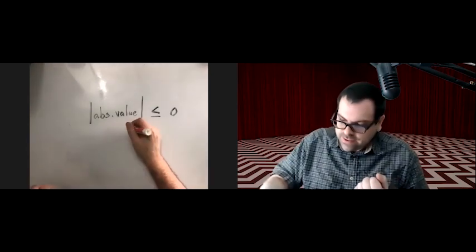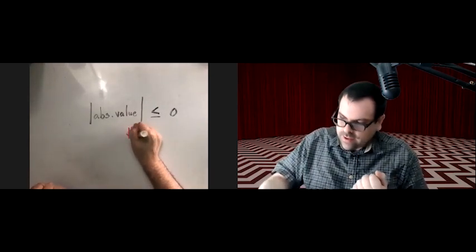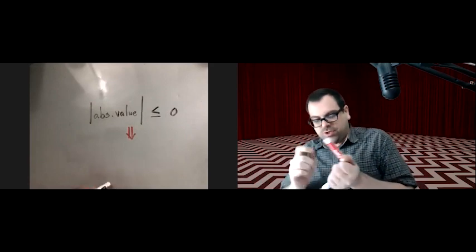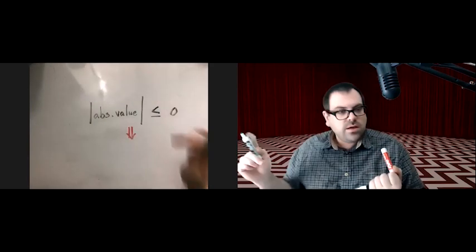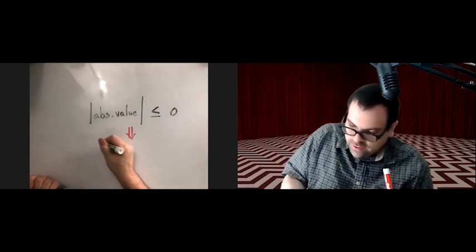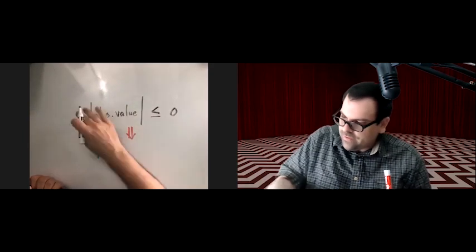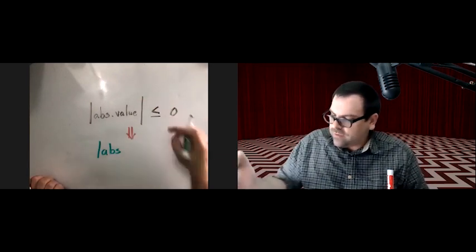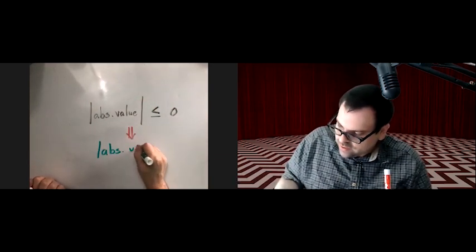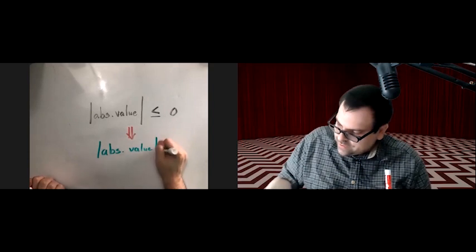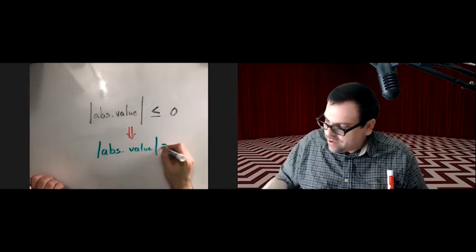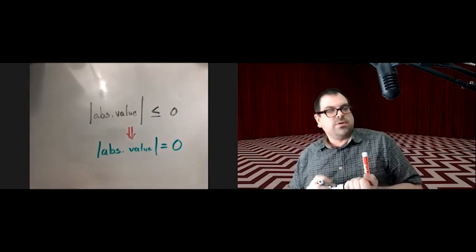So that means, since there's no solution to the less than part of it, we can simplify the absolute value less than or equal to 0 to the absolute value equals 0.